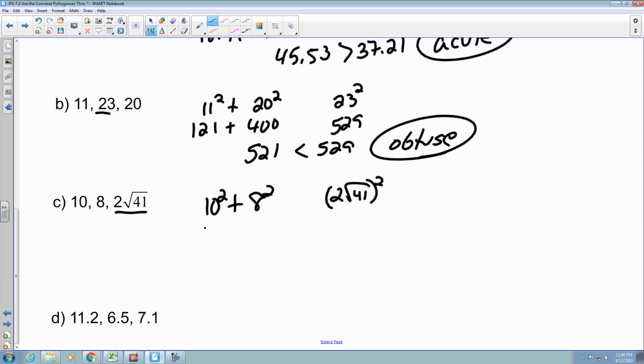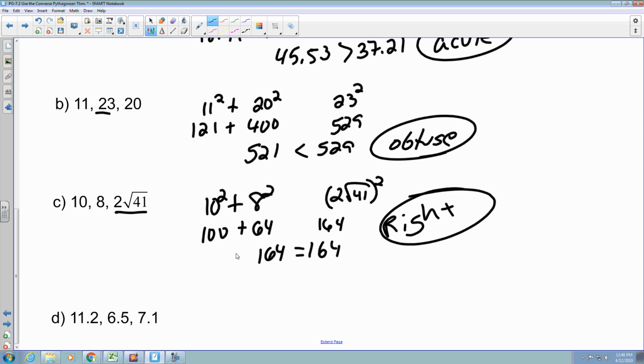So 10 squared is 100 plus 8 squared, which is 64. And then square root of 41 squared is 41. Times that by 2 squared, which is 4. So now I've got 164. 100 plus 64 is 164. That's going to equal 164. Since they equal each other, we have a right triangle.